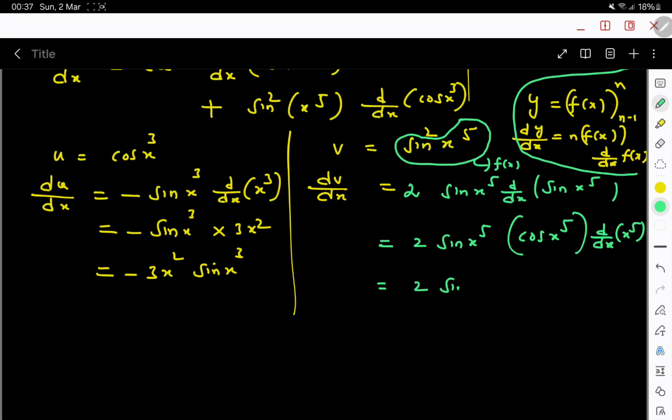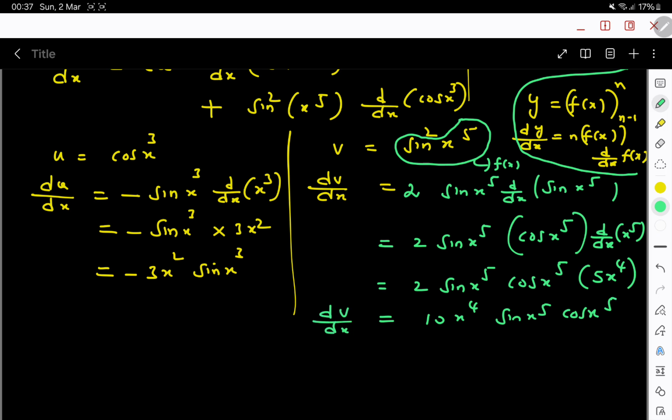So 2 sin x power 5 cos x power 5 into 5x power 4. That is 5 twos are 10. Okay, this is the power rule. So 10x power 4 sin x power 5 cos x power 5. This is the value of dv by dx.